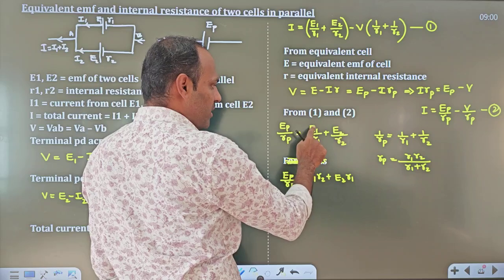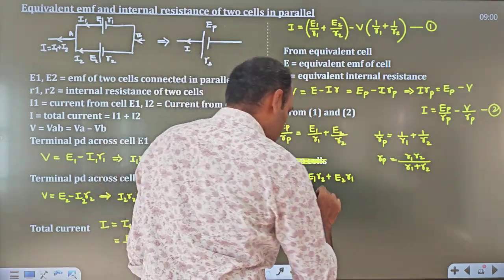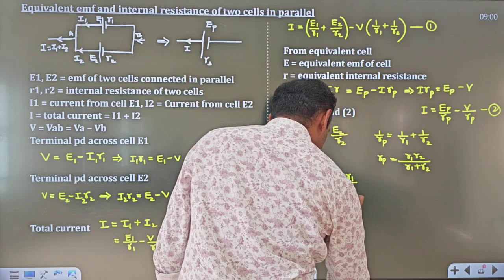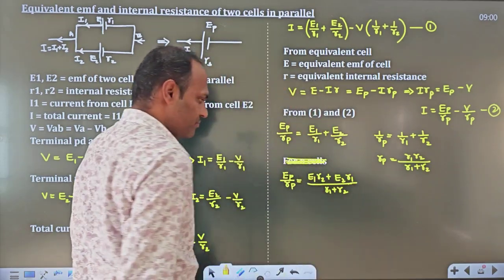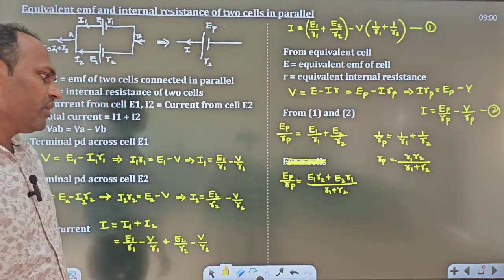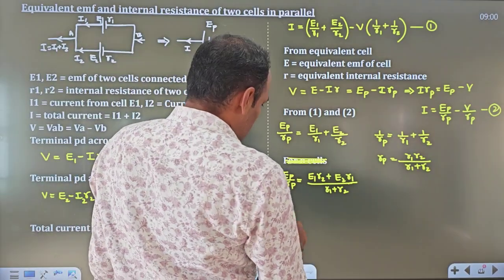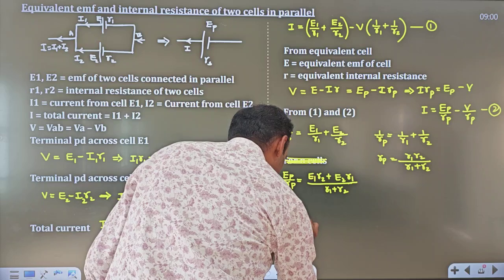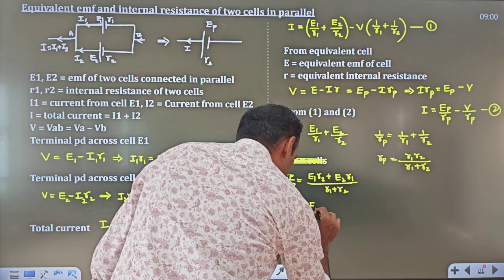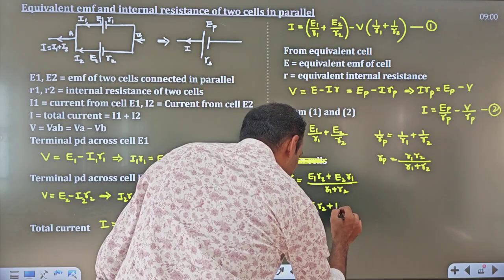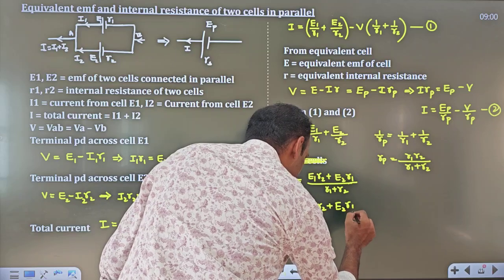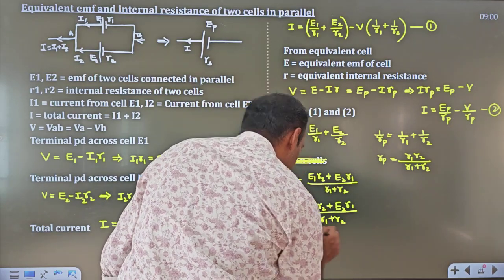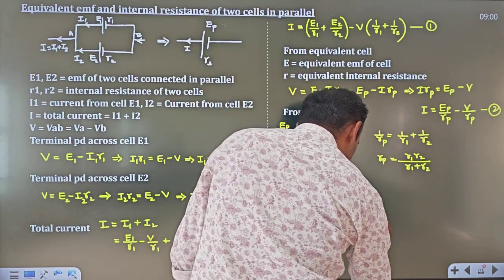So R2 into E1 plus R1 into E2 divided by R1 plus R2. Okay, next you take Rp on this side. What you will get? EP is equal to E1 R2 plus E2 R1 divided by R1 plus R2. You take Rp on this side, it will get multiplied.